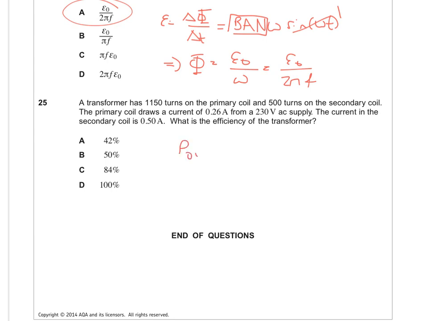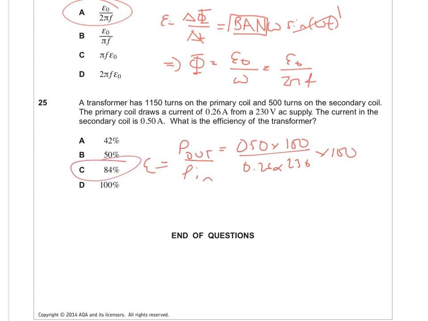So the power out is going to be the current out, which is 0.5, times 230 over 2.3, which is 100, divided by 0.26 times 230. That gives you the power in, which gives you efficiency if you times it by 100. 0.5 times 100 divided by 0.26 times 230 gives you 0.836, times by 100 gives you 83.6. So that's going to be 84%.